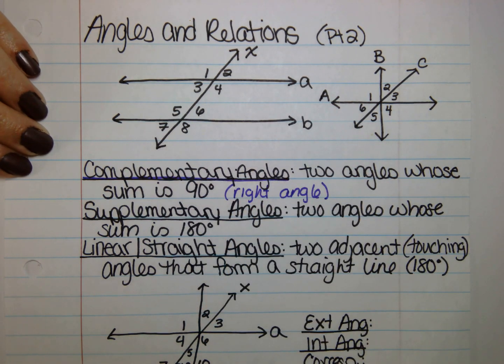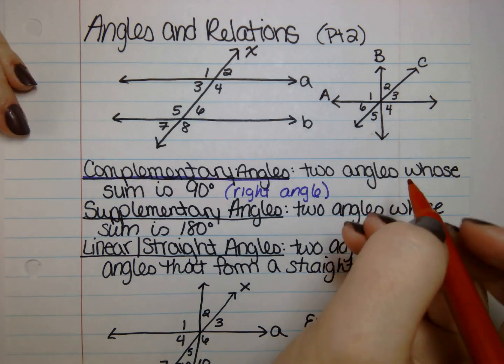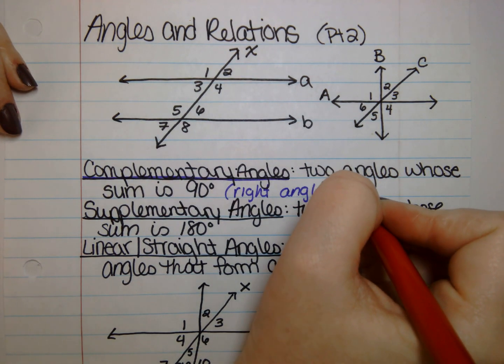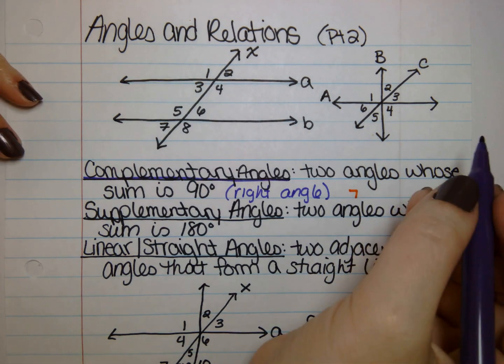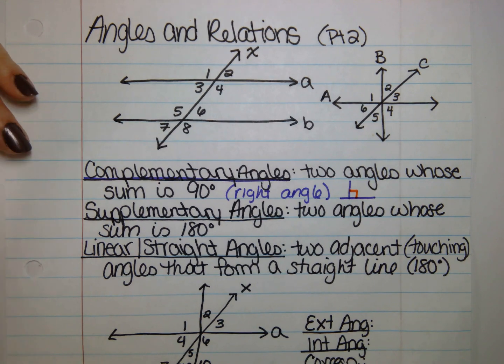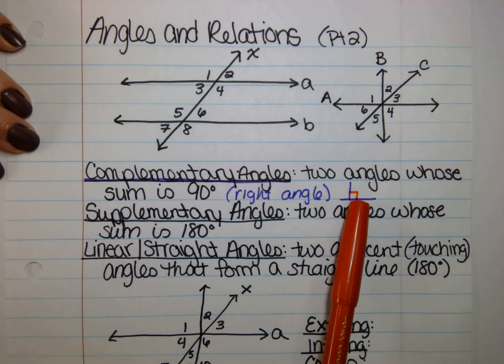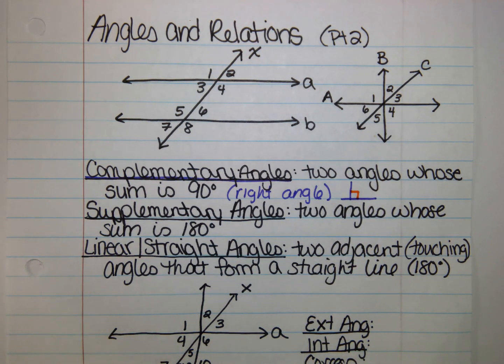When we form a right angle, it is usually indicated by a little half red box. So if I had two intersecting lines, it gives me this little red half square that automatically tells you that it's a 90-degree angle.